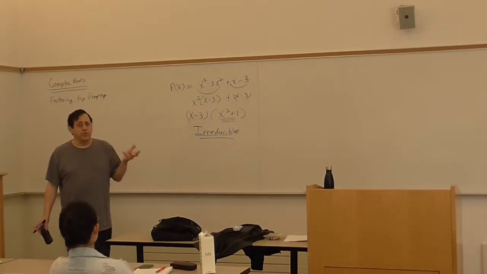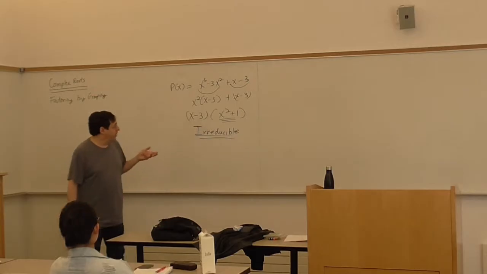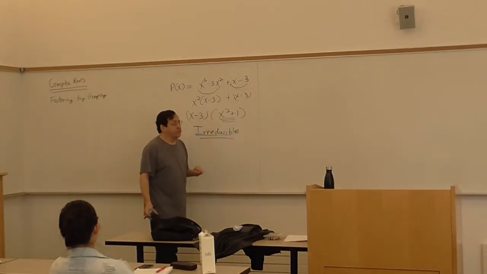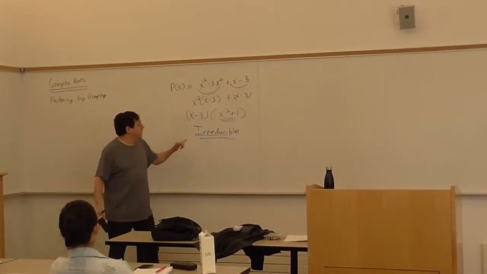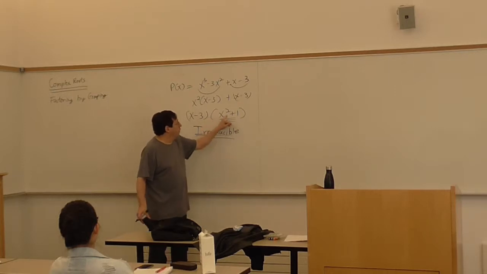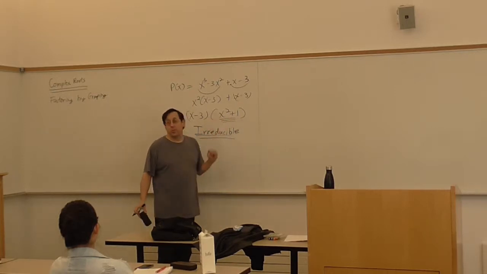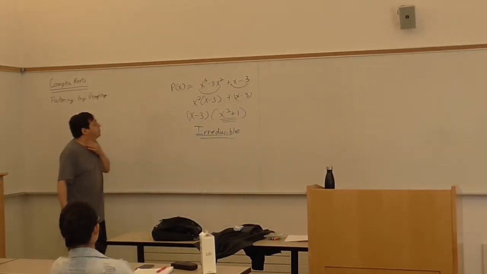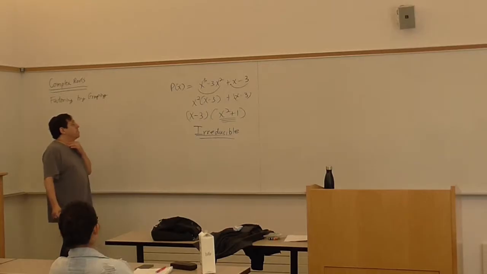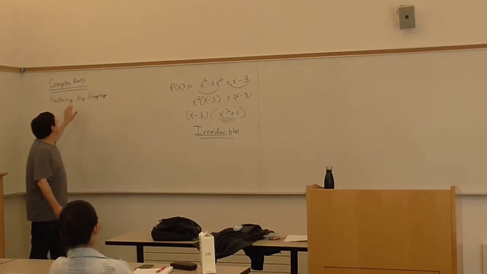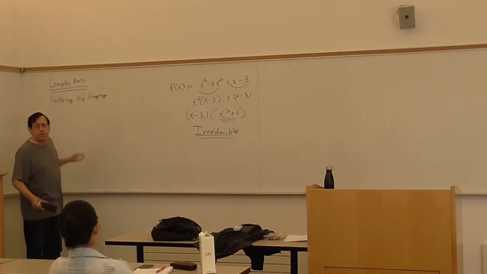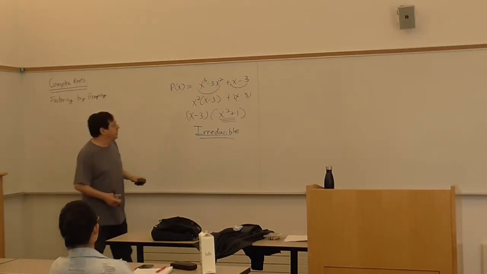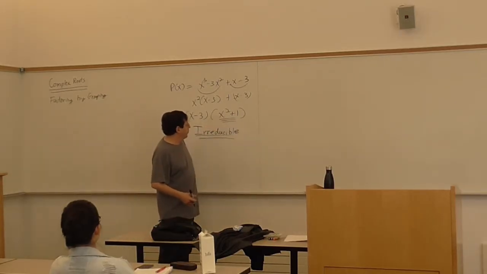And by irreducible, I mean you can't factor it in reals. Anything in the form x squared plus something has to be irreducible. But now we're dealing with complex roots, so we have more flexibility. In complex roots, this is not irreducible.